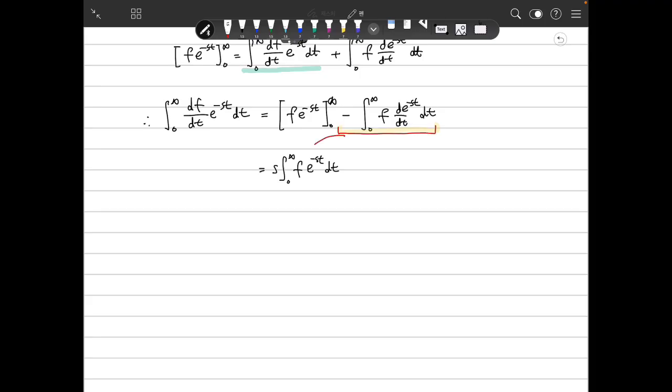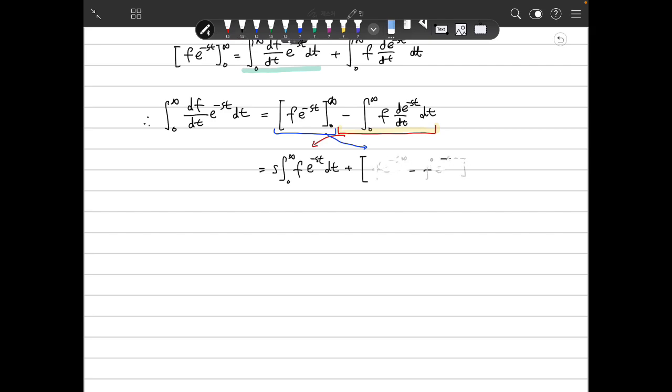This term is this, and this term will be here, plus f exponential minus s infinity minus f exponential minus s 0.